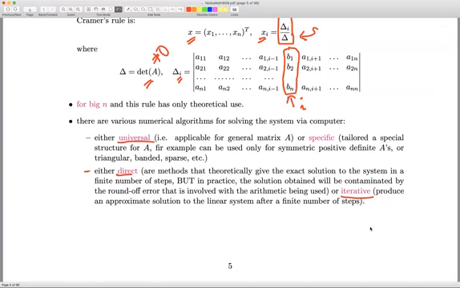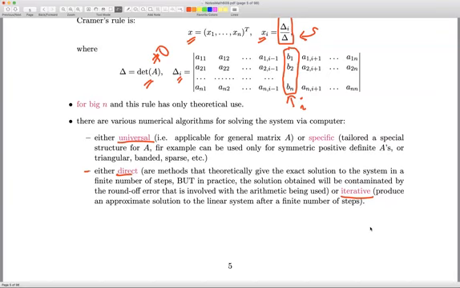You cannot hope for an exact solution anyway, even with a direct method, because you have to implement it on a computer, and the computer will always give you a round-off error. But in an iterative method, you perform computations, and after each step, the method produces some vector that is an approximation to the exact solution of the system.